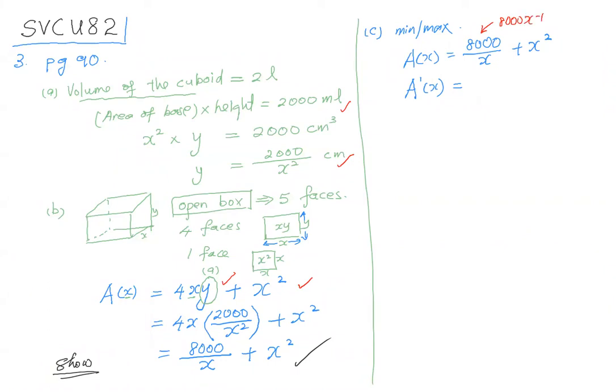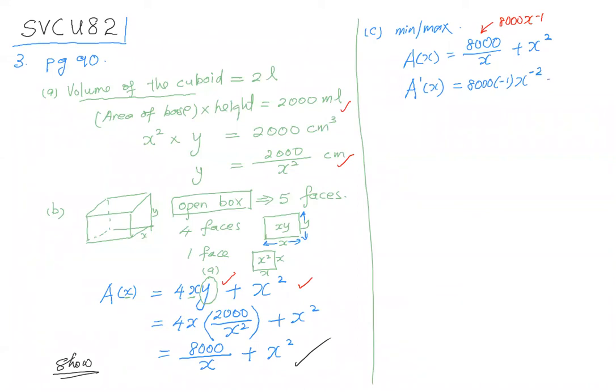Yes, I should write it like that, so that I know I have to use the power rule. So how to use the power rule? Bring down the power, take away 1. That is the first term.